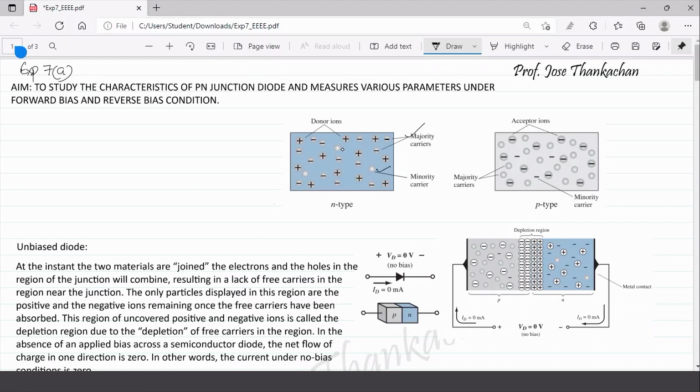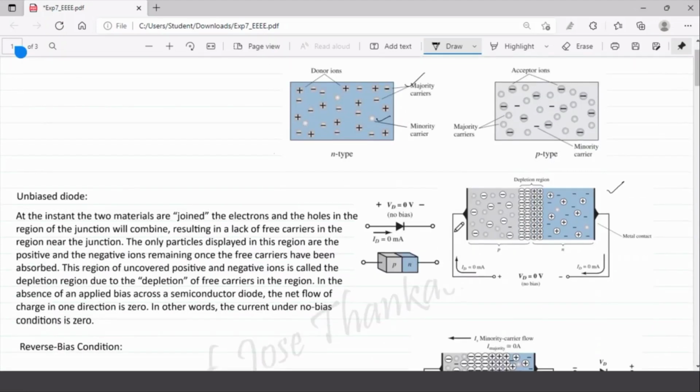So this is an N-type and P-type semiconductor, and what we do to form this diode, we join these two together. You can see on this figure downside, it is a joining of P and N-type semiconductors, and a junction is formed between them. So the P and N junction forms a PN junction diode here.